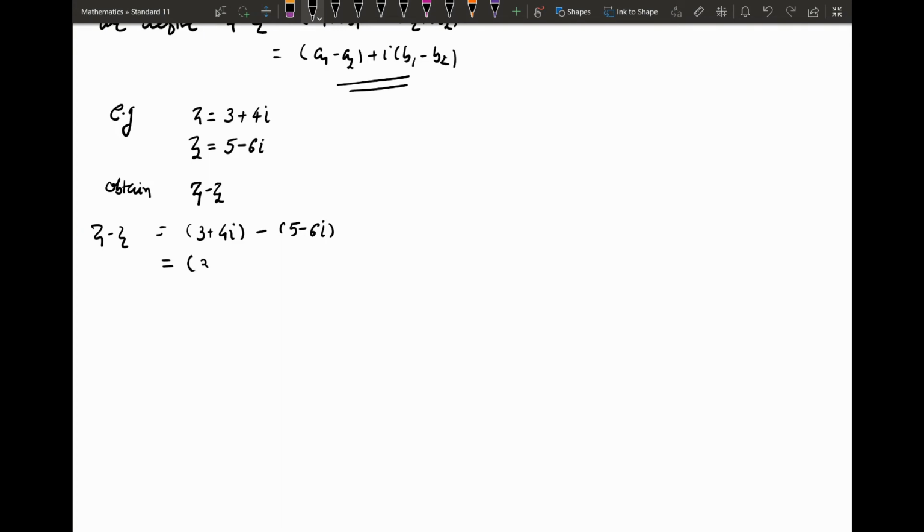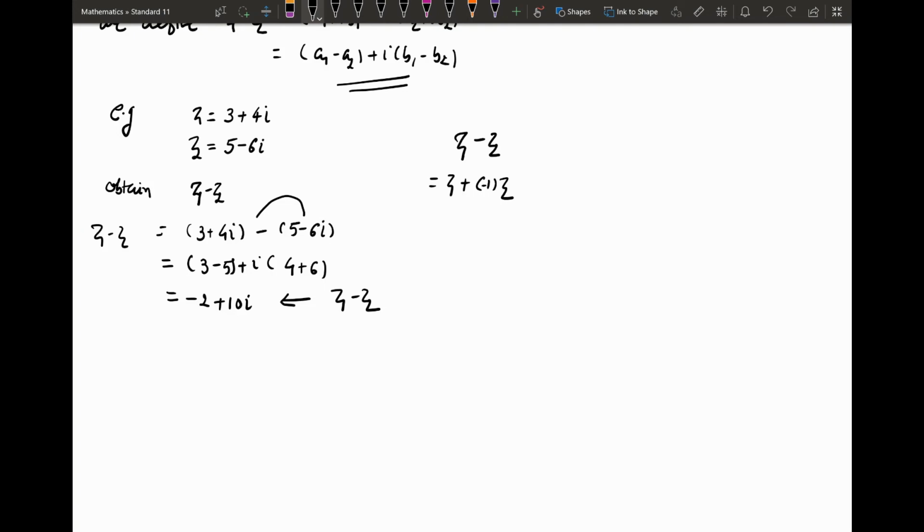So 3 minus 5 plus, taking i common, 4 minus minus 6, which is plus 6. So this is nothing but minus 2 plus 10i. This is z1 minus z2. So 3 minus 5 is minus 2, and 4i minus minus becomes plus, so it will be 10i. Thus we define z1 minus z2 actually as z1 plus minus 1 into z2.